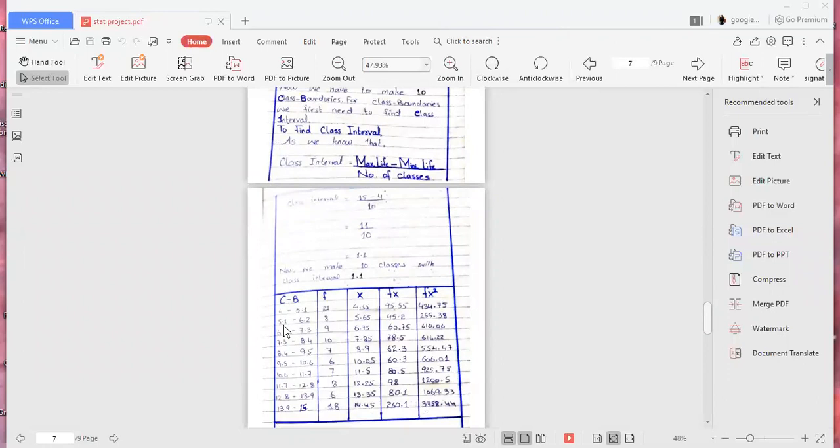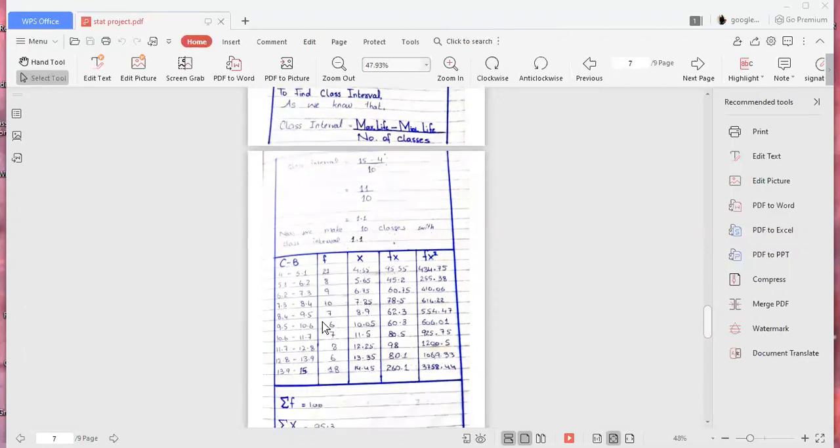Similarly, we cannot count 5 again in the next class because we already counted it in the upper class. We can only count 6. So I counted 6 eight times in 100 observations. Similarly, 7 nine times, 8 ten times, 9 seven times, and similarly we make all these frequencies.